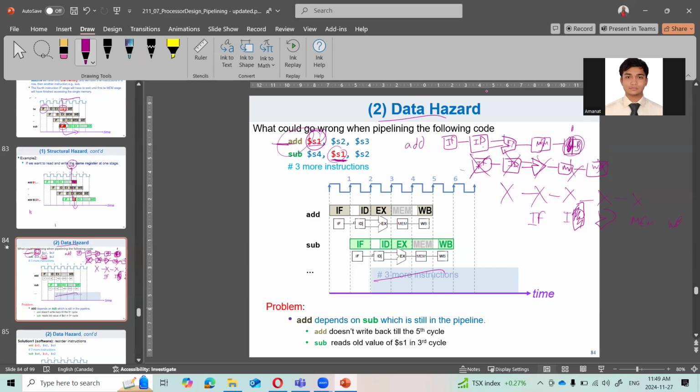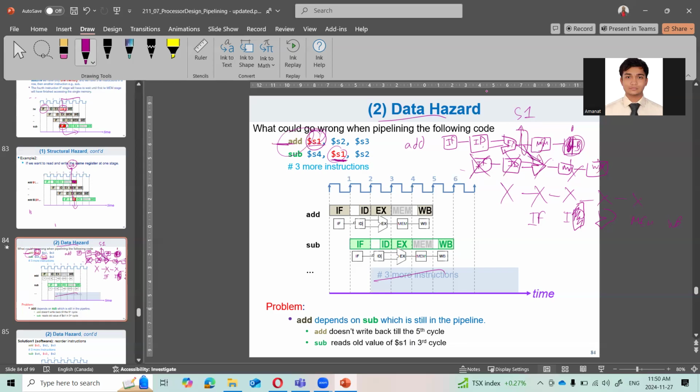Or the efficient solution would be that you get the result of S1 here, and you can just pass it over. Pass it over here, then you don't have to wait. You have to do a hardware implementation to have that, but you can avoid this data hazard by having the option to pass this value over.